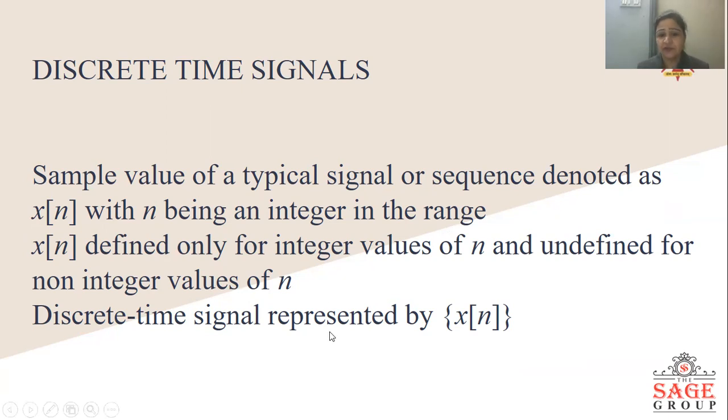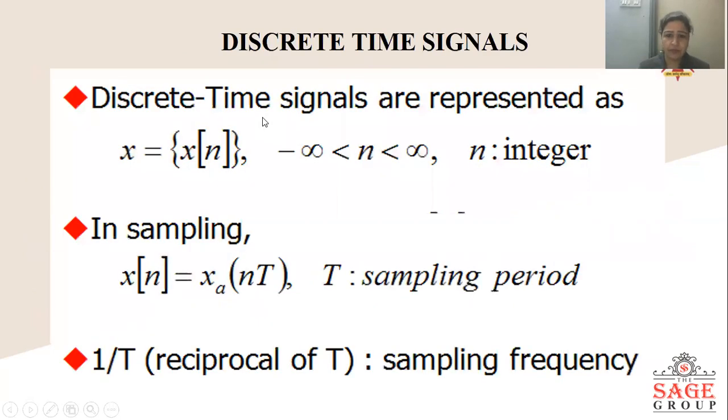So we will have a value of signal x[n] at n equal to 1, 2, but it will not have a value at n equal to 1.5 or 2.5. Discrete time signals are represented as x[n], where n will have values from -infinity to infinity, and n is compulsorily an integer.